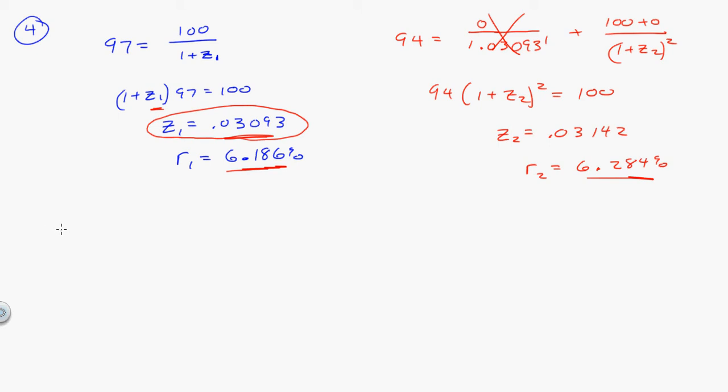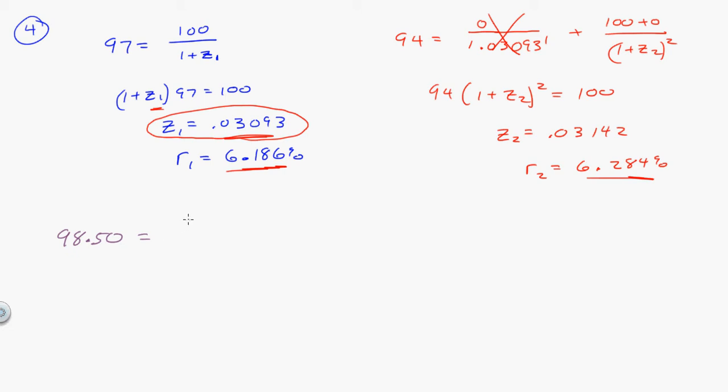Now that I know Z1 and Z2, I know that if I buy a bond that matures in a year and a half, I pay 98.5% of par. The price of any financial asset is the present value of expected future cash flows. The price of this bond is $98.50.